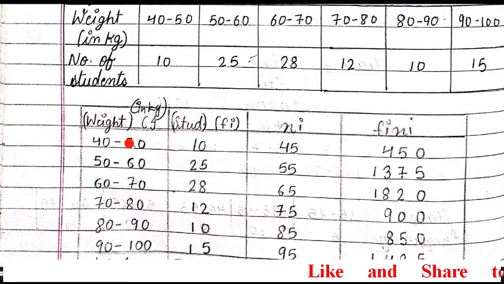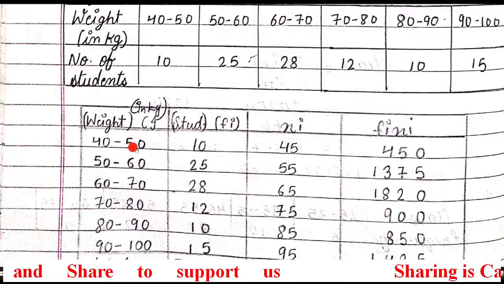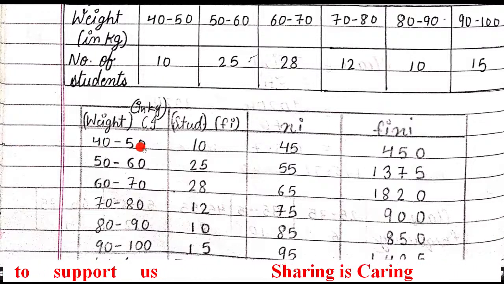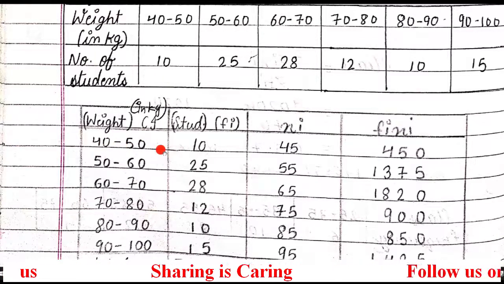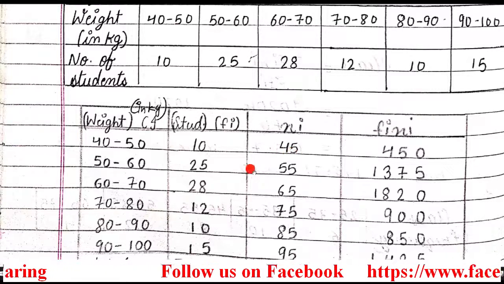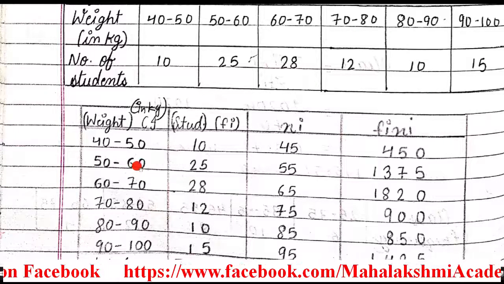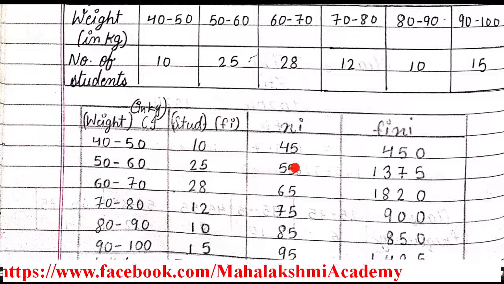So when we add the upper limit, 50 for the first group, and the lower limit of the first group, 40, that is upper limit plus lower limit upon 2, 50 plus 40 upon 2 gives 90 upon 2, that is 45. In the same way 60 plus 50 upon 2 means 110 upon 2 gives us 55.